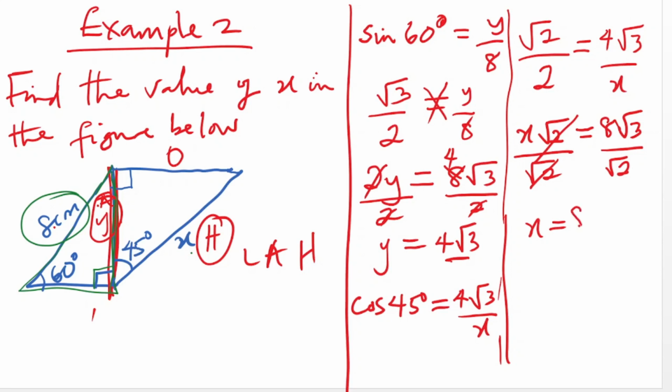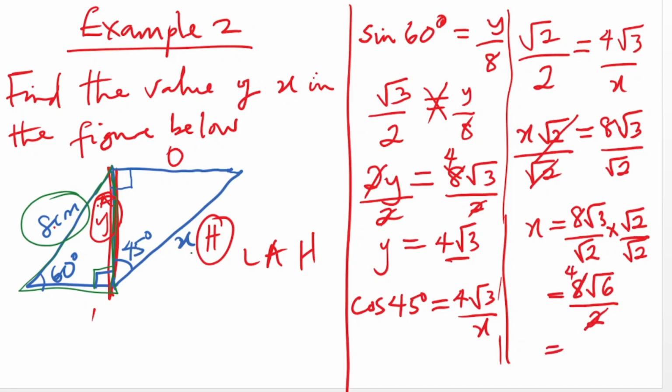So that will give us 8 root 3 times root 2 over root 2 times root 2. 8 root 3 times root 2 is 8 root 6, divided by root 2 times root 2, that is 2. So 2 can go into 8, 4. So the answer will be 4 root 6.